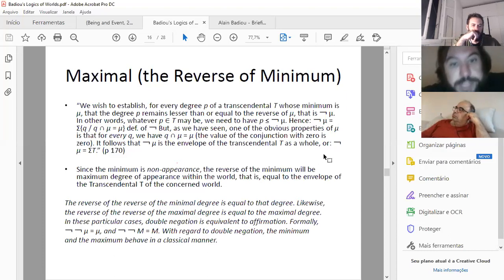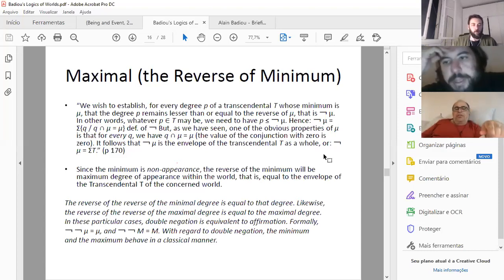But as we have seen, one of the obvious properties of mu is that for every Q, we have a conjunction with mu that is equal to mu. The value of the conjunction with 0 is 0. It follows that non-mu is the envelope of a transcendental T as a whole, or non-mu equals the envelope of a transcendental.